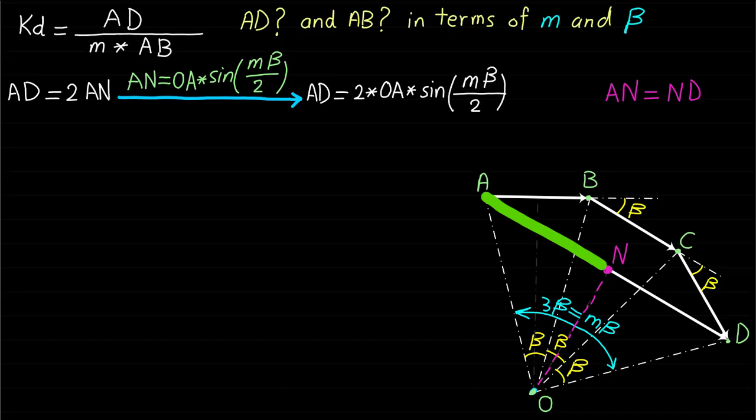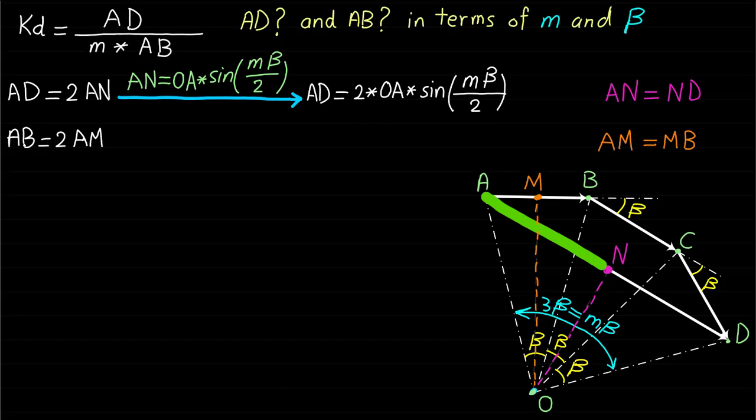Now let's identify the phasor AB. The phasor AB can be calculated by focusing on half of the triangle OAB, which is the triangle OAM. Note that AM is equal to MB. Therefore, the phasor AB can be represented by 2 times AM.